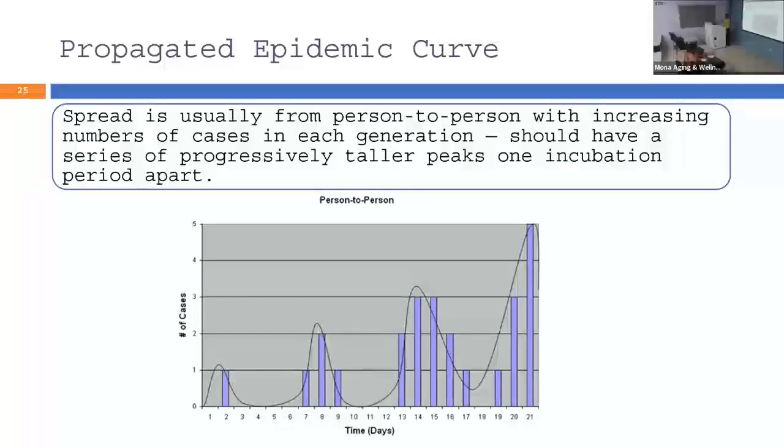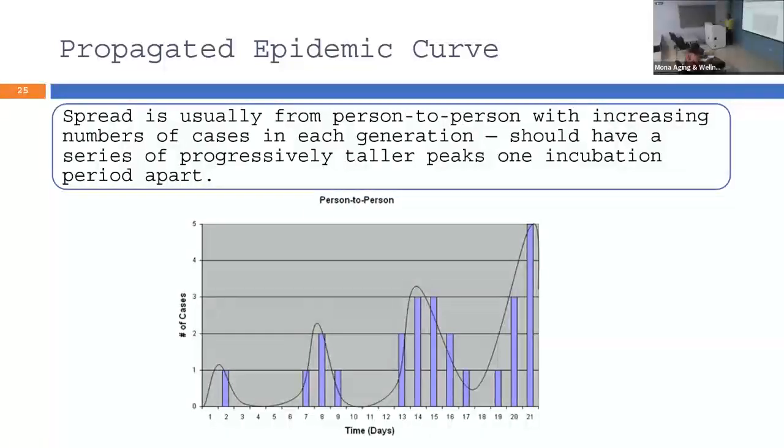Then we have propagated. Propagated, the spread is usually from person to person with increasing numbers of cases with each generation. So you have a series of progressively taller peaks, one incubation period apart. So one person gets infected, and then they go home, and it spreads within the family. After one incubation period, remember, you have an average incubation period, a minimum, average, and maximum, and you have a few cases.